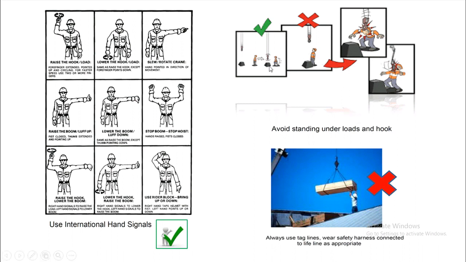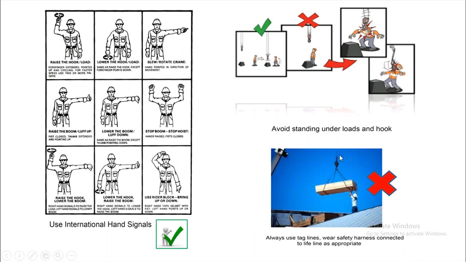So as you can see here on the sketch, there is a load falling down here, and if the load is falling but the rigger is at a safe distance, that means it's a near miss. But when the rigger is under the load or the hook, it is not acceptable.